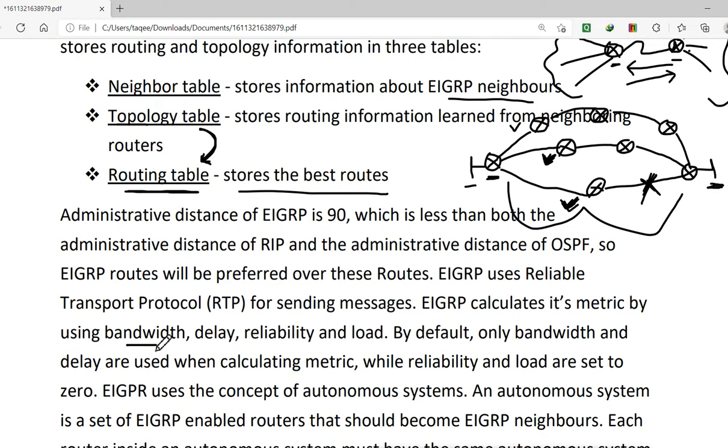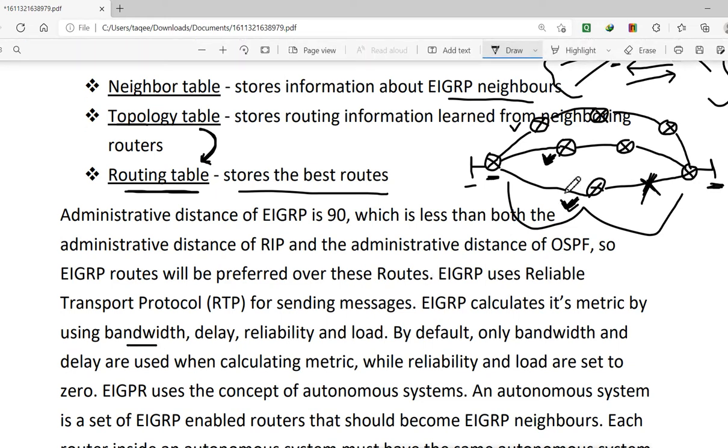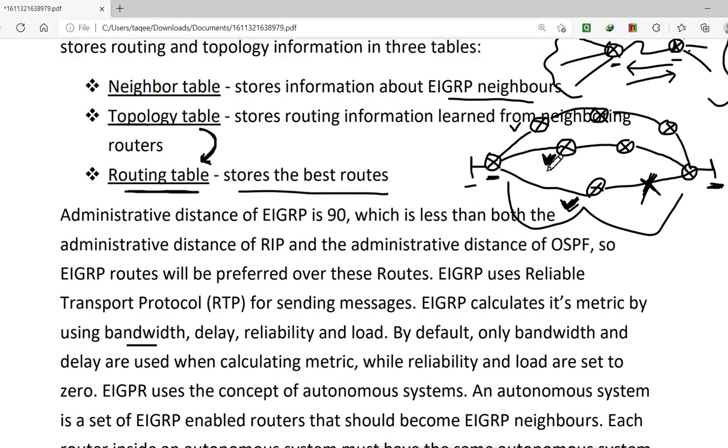It can calculate the bandwidth. It will check which path gives the router the best bandwidth, whether this one is good or this one is good or this one is good. So it checks the bandwidth also.